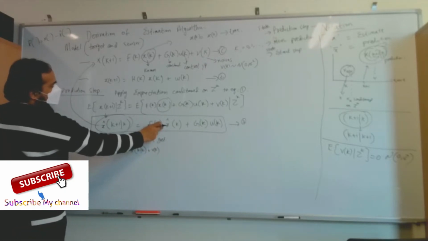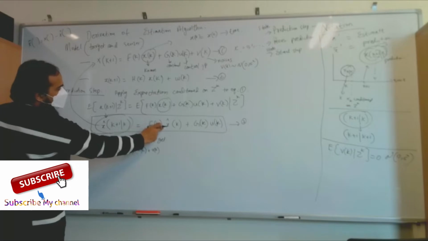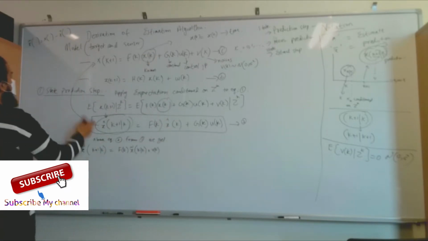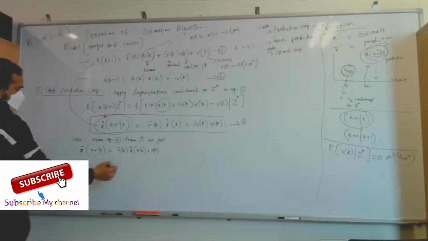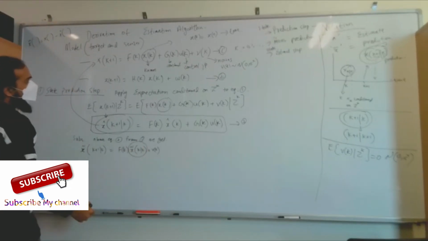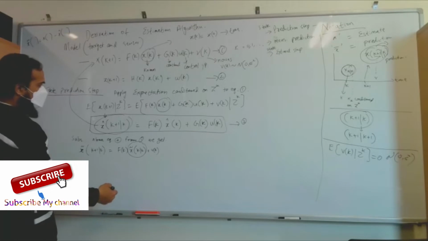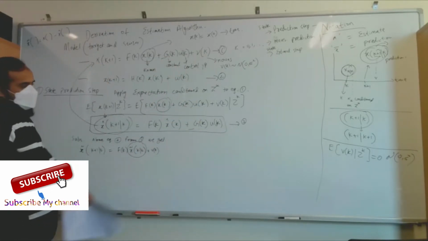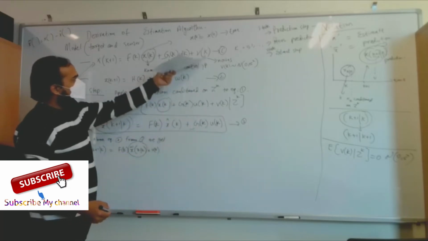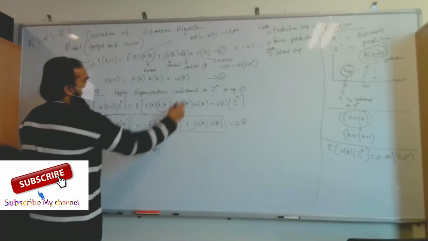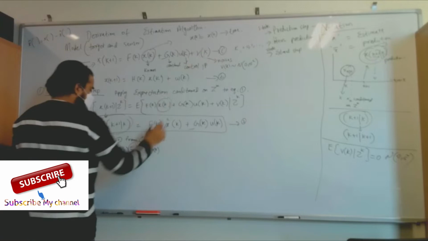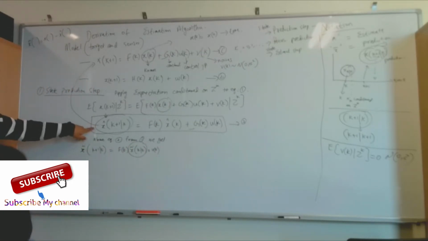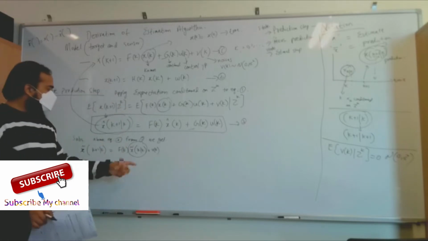F of k has been taken common, and again the difference between the x of k and this one is this thing. Okay, and this minus cancels, and the remaining part comes as it stands here. If we subtract this equation from this one, then this is obtained.